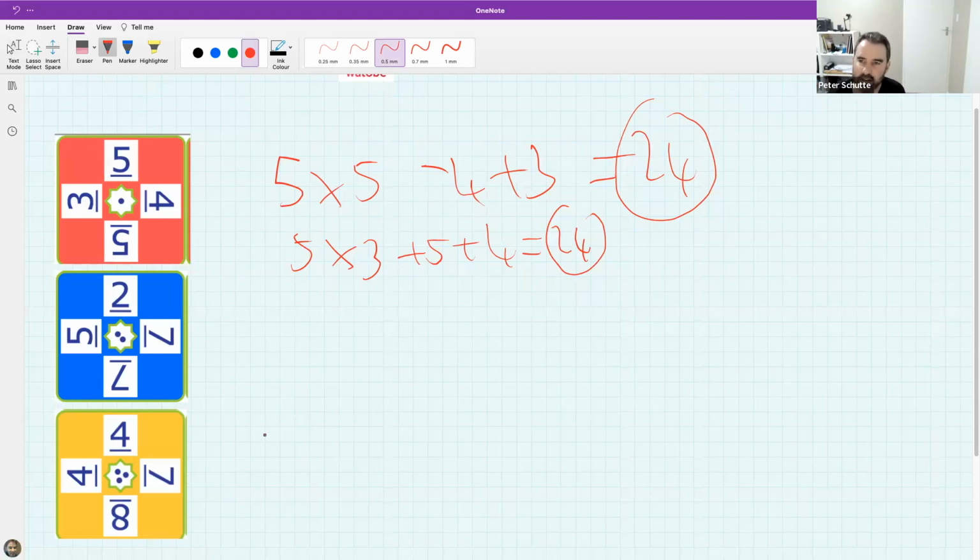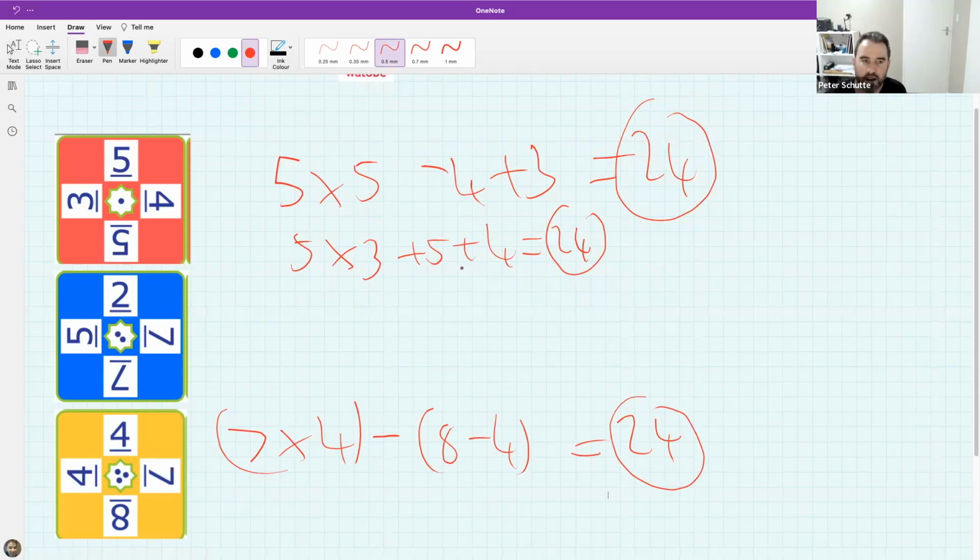And Corsi has said 7 times 4 minus 8 minus 4, which is 28 minus 4, which is 24. So that yellow has gone. So it's just blue that's remaining. So anyone got blue?